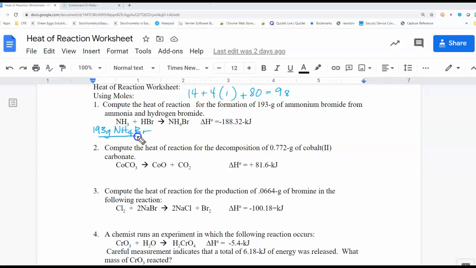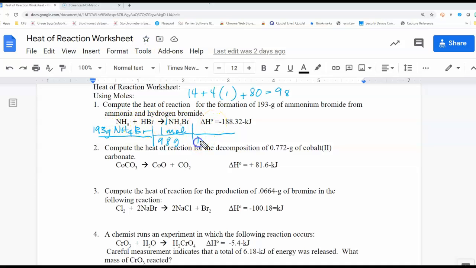If we have 193 grams of NH4Br, we first convert that to moles by dividing by 98 grams per 1 mole of ammonium bromide. Then we convert that to kilojoules, remembering that the kilojoules are given per 1 mole of ammonium bromide, because this is already a balanced equation.